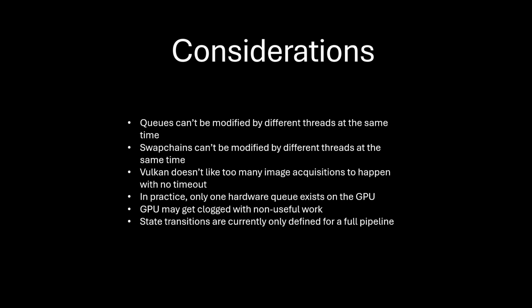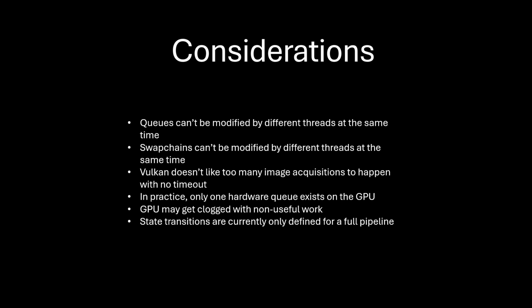This is why I said before, we need to be able to support at least 4 queues. My system can support 16 queues. Now, as a side note, although a graphics card can say that it supports 16 queues, in reality, for graphic stuff, there's only one hardware queue. So even though this is sort of emulating it in software, we don't get the extreme benefits that we would get if we actually had independent hardware queues.